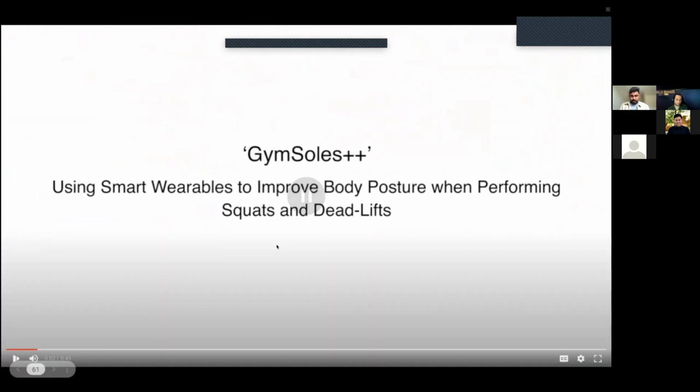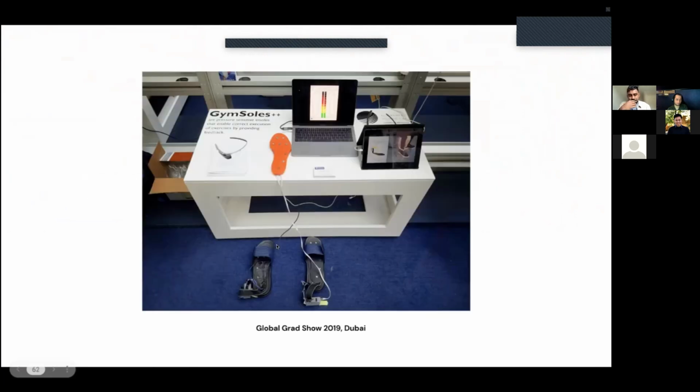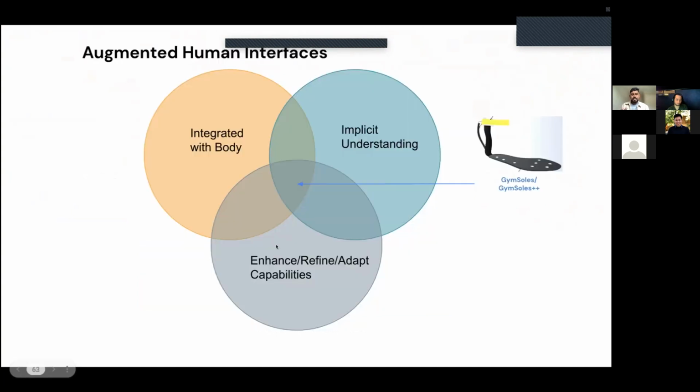We were invited to demonstrate this work in Global Grad Show 2019. A lot of people experienced this interface in that exhibition. So let's look at where this interface lies in this diagram. This interface is integrated with the body, so it senses our biomechanical parameters, our pressure profile, and then it creates an implicit understanding about our center of pressure.